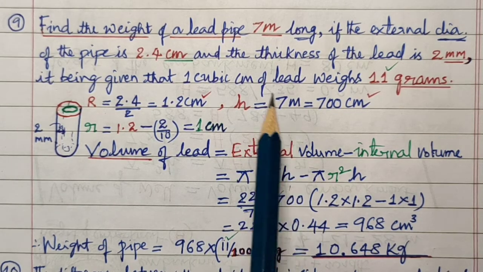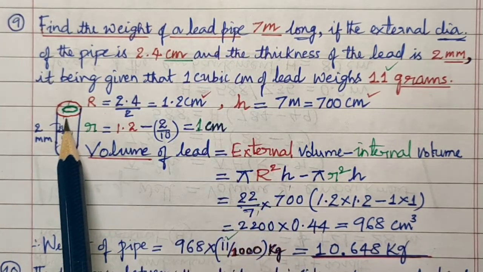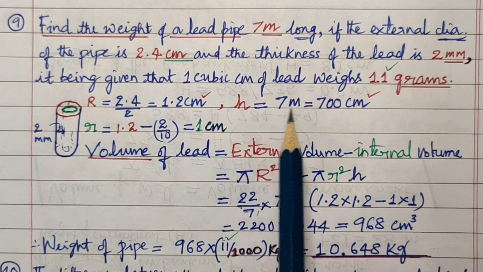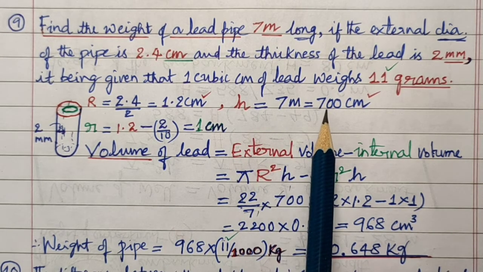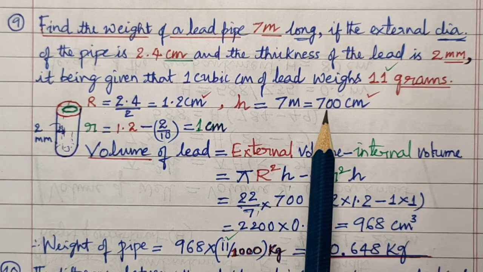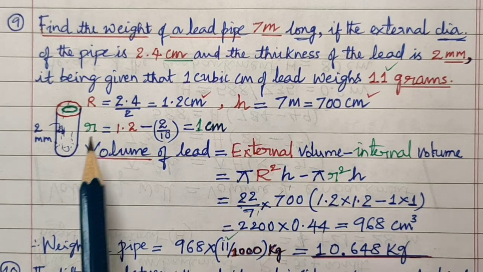This is a circular thing, so we can consider it as a cylinder of length H equal to 7 meters. Let us convert this into centimeters by multiplying with 100, since 1 meter is 100 centimeters. It will become 700 centimeters.